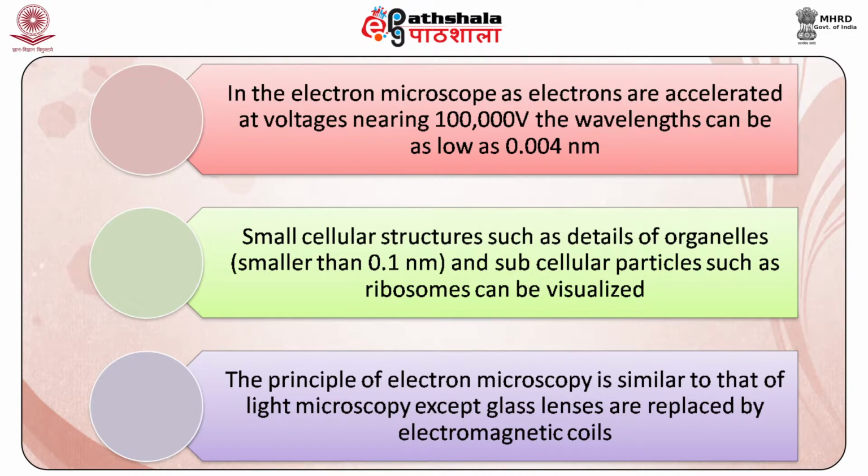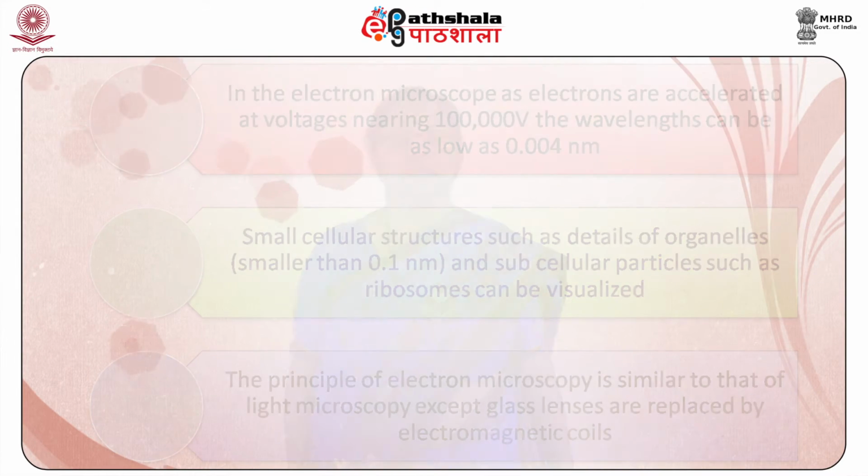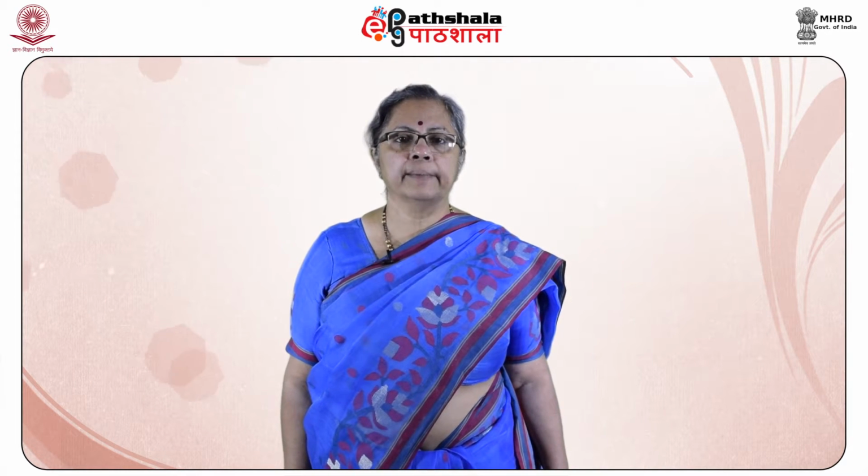The principle of the electron microscope is similar to that of the light microscope, except glass lenses are replaced by electromagnetic coils. Another major difference is in the preparation of the sample.